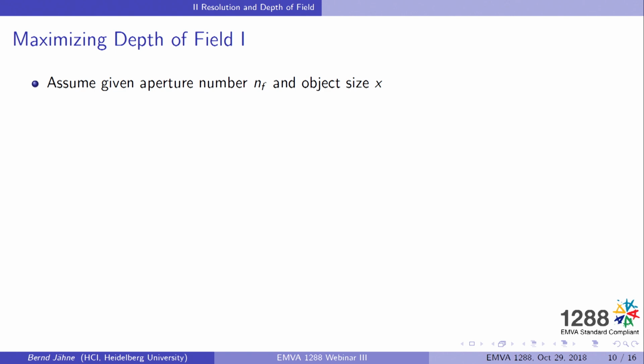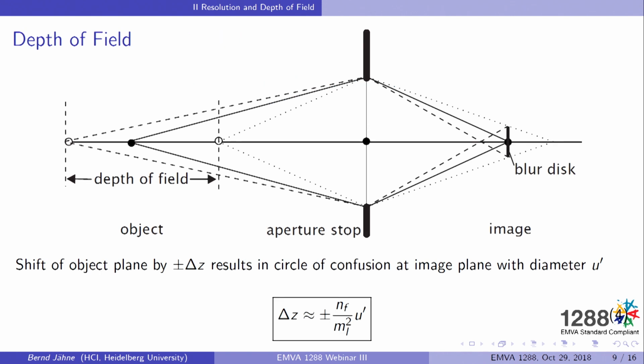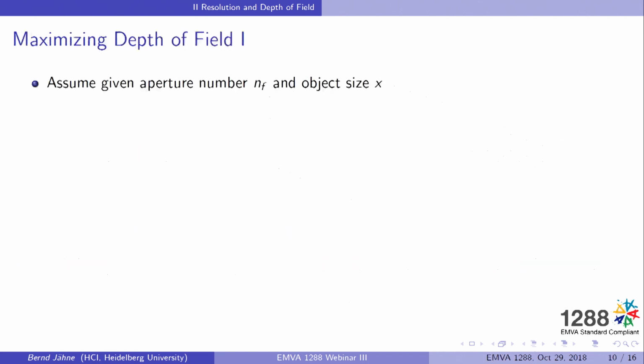So if we start with these 2 assumptions and go back to this equation again, the only way we can change the depth of field is by changing the diameter of the blur disk. And since the diameter of the blur disk should be about the pixel size, the only thing we can change is the pixel size. So obviously, depth of field has to do with the pixel size.